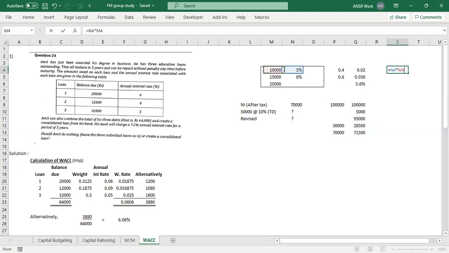You simply multiply the interest rate with the amount, that comes to 500. The second one will come to 900. Total interest you are paying is 1,400. You have taken a loan of 25,000 total and you are paying a total of 1,400. What is your effective rate of interest? You simply do 1,400 divided by 25,000.